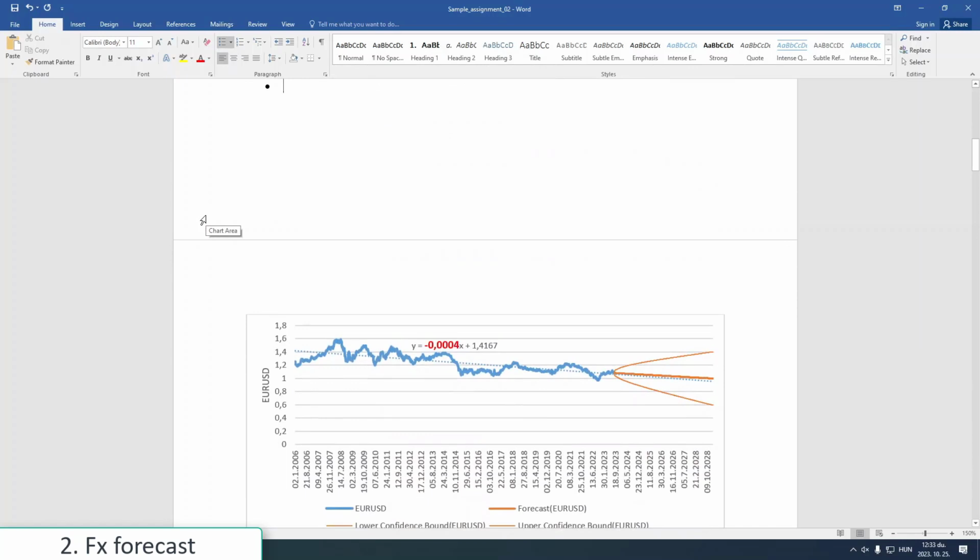So we were testing weekly closing data of the Euro-USD exchange rate between 2006 and 2013 Q3.